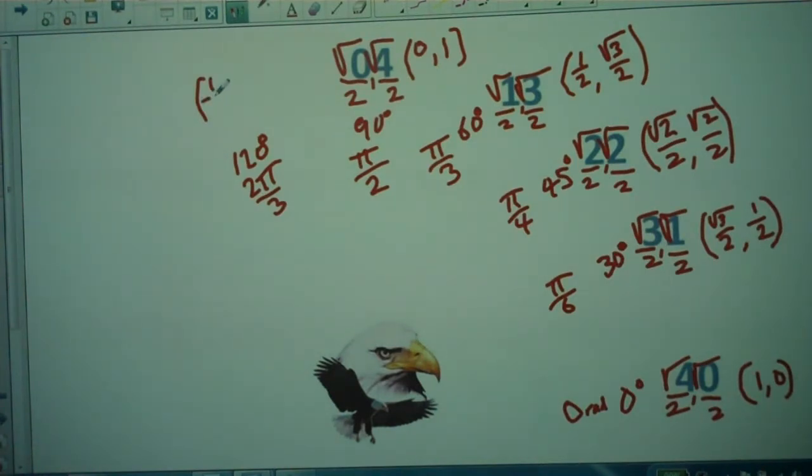So we're going to have negative 1/2. Let me go ahead and write this a little more clearly. So we have negative 1/2, comma, and the sine value is the same, so square root of 3 over 2. And we can use the principles of reflection likewise to find all the 16 points of the unit circle.